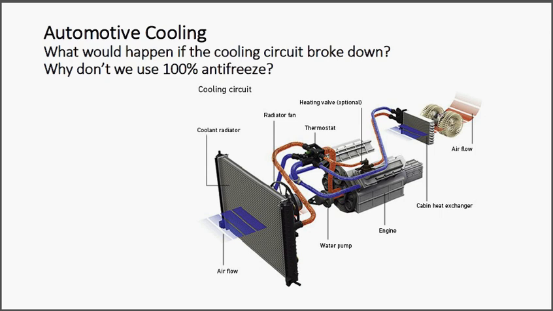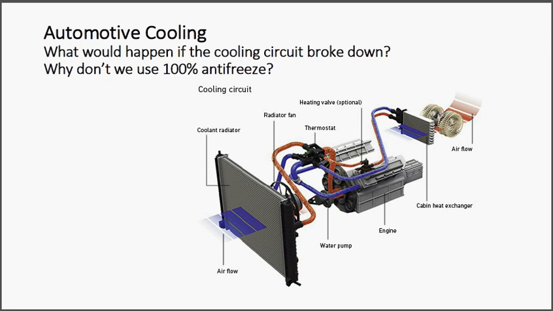On the other side, if it's only water, the radiator starts corroding pretty fast, so you use the antifreeze as a corrosion inhibitor. We've got a thermostat as well. The thermostat controls the temperature. Again, it's a very clever cooling system. We need to keep the engine at an optimum temperature, and that's what the thermostat is for, to keep it at the right temperature.